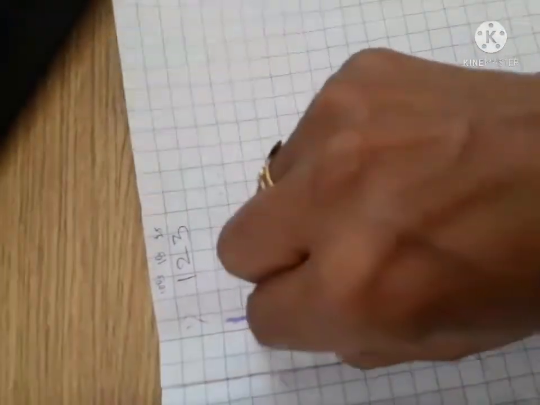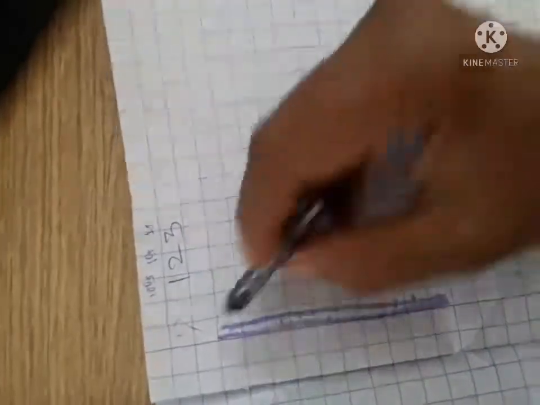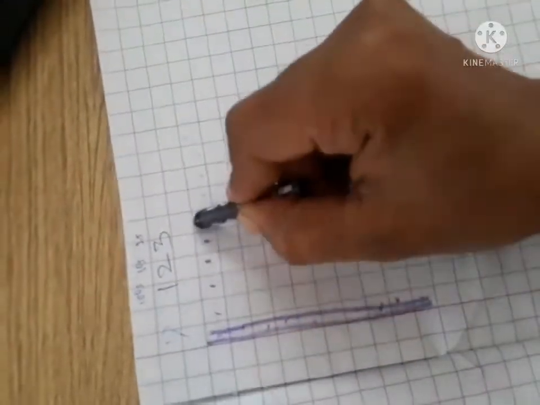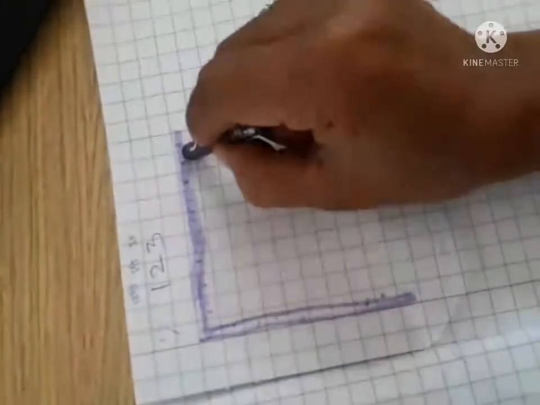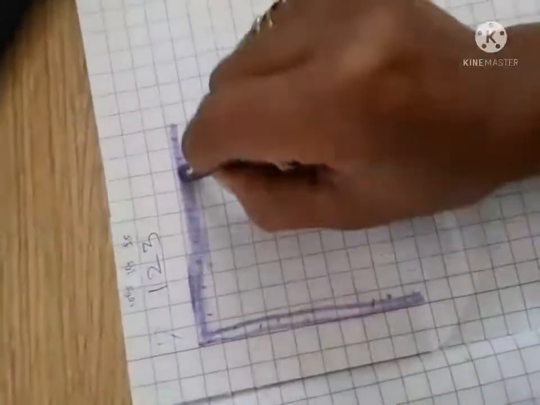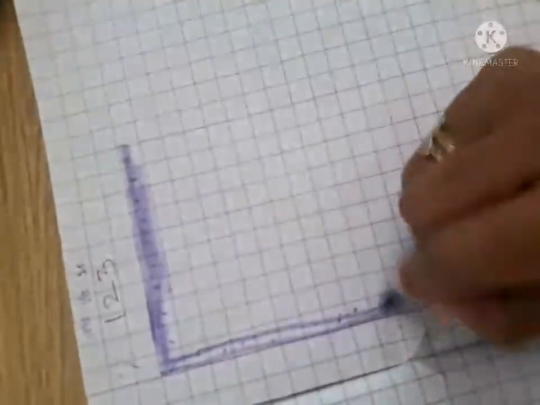As you count here, you just mark it for the 10. 1, 2, 3, 4, 5, 6, 7, 8, 9, 10. Up to this you have to color this. Start coloring it.